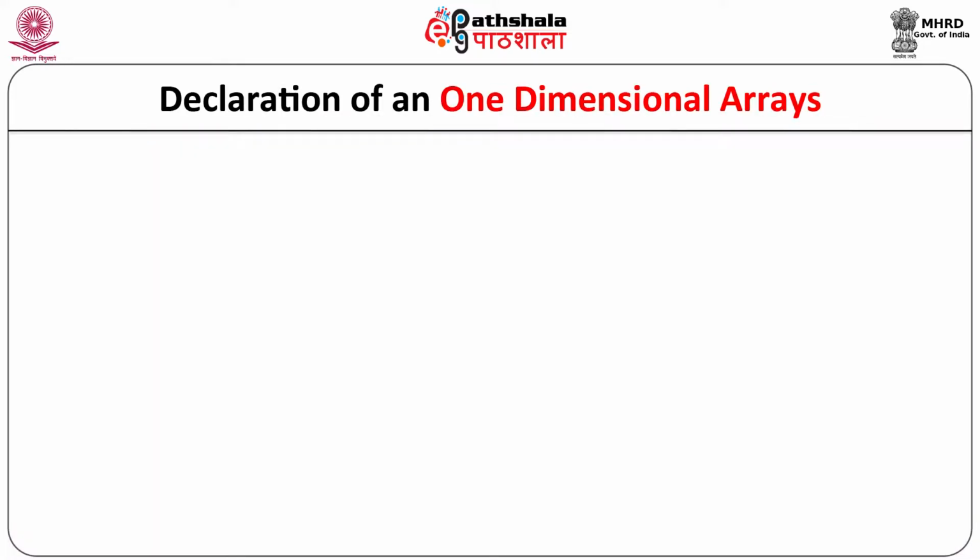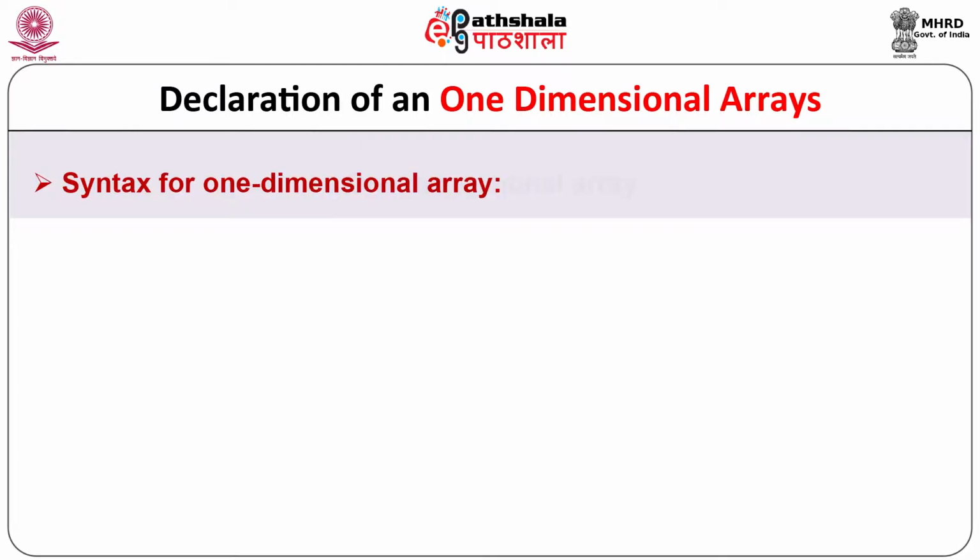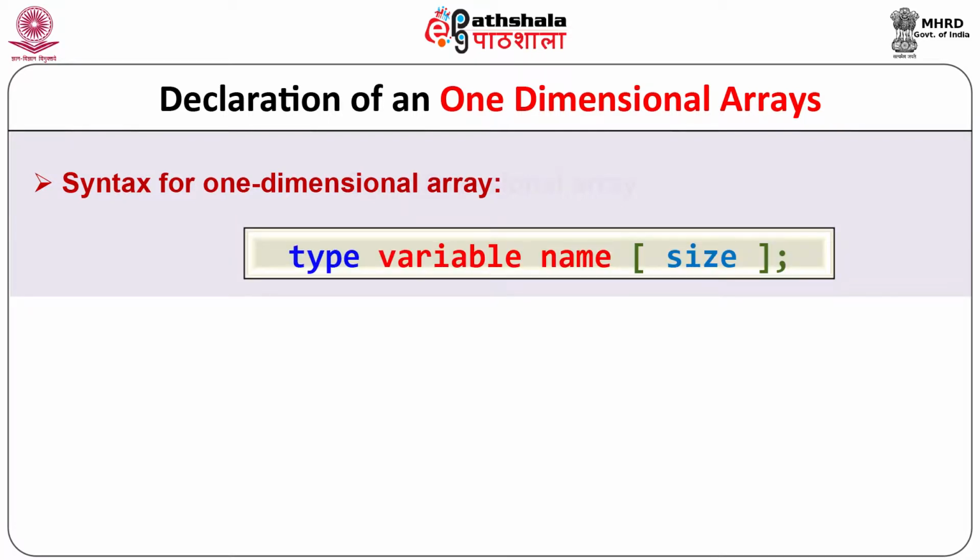Let us see how to declare a one dimensional array. In this slide, you can see the syntax of one dimensional array. In the syntax, you can see type, variable name and size. Type means the type of array, whether it is an integer array or character array.